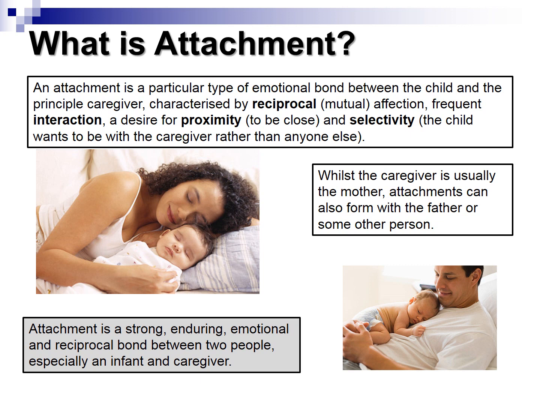So the child will prefer to be with his caregiver than strangers or anyone else. It's a nice strong bond, it's enduring, and it is between two people. So this does evolve into adult relationships, this does evolve into friendships, etc. But for most of this topic we will be talking about infant and caregiver.